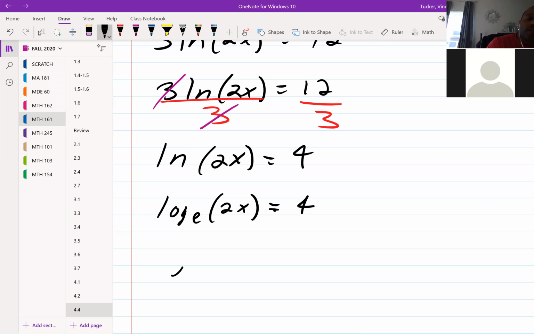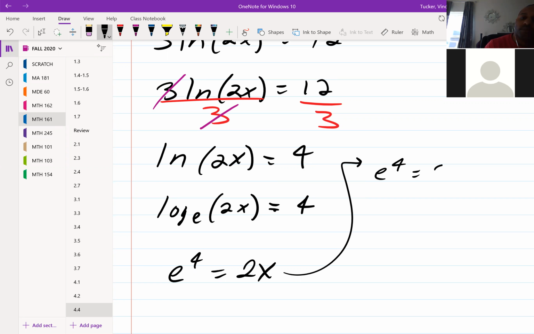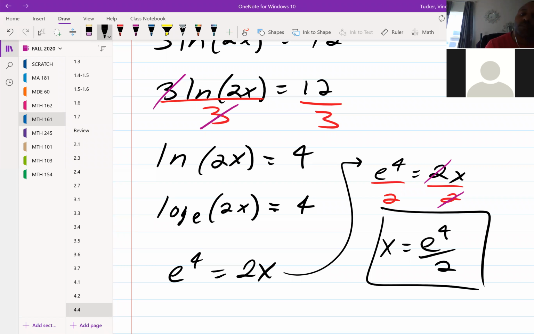So we can rewrite it as e to the 4th power equal to 2x. All right, to finish it off, we can divide by 2. X is equal to e to the 4th over 2. And that should be good enough.